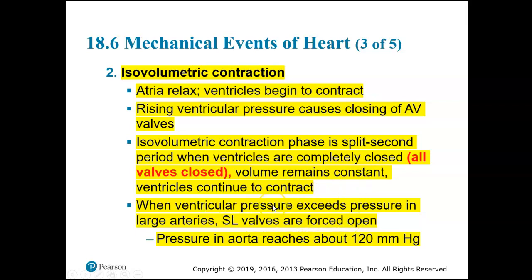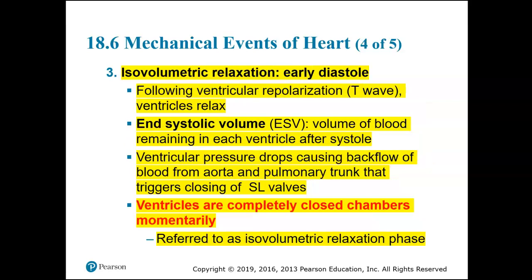Once the ventricular pressure exceeds the pressure in the large arteries, the aorta and the pulmonary trunk, and the semilunar valves are forced open, that ends this stage. That ends the isovolumetric contraction.